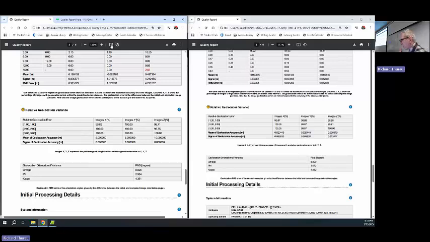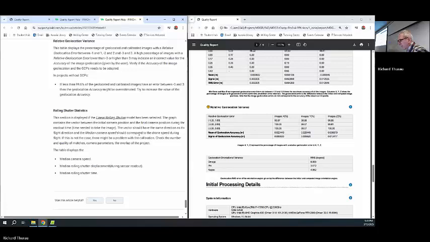And relative is a little bit of a different story. Relative is giving a percentage as opposed to meters, right? So relative geolocation variance: this table displays the percentage of geolocated and calibrated images with a relative geolocation error between -1 and 1, -2 and 2, and -3 and 3.